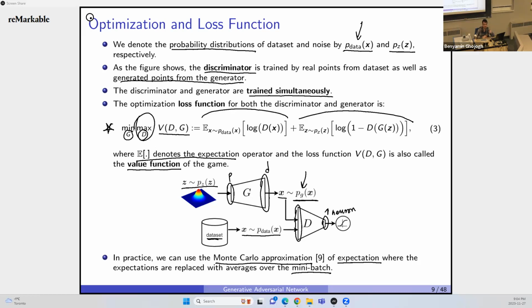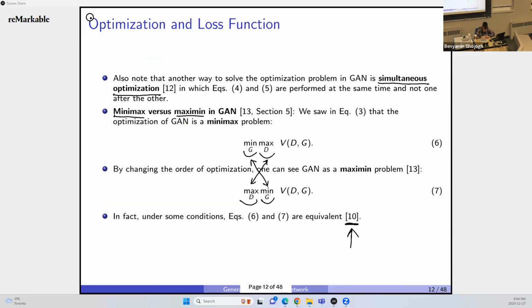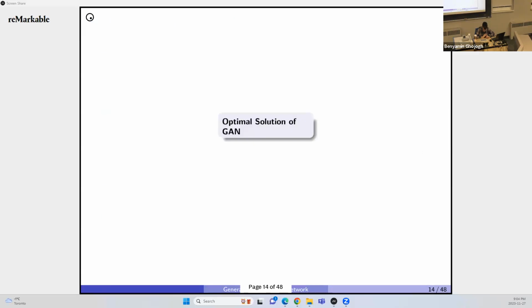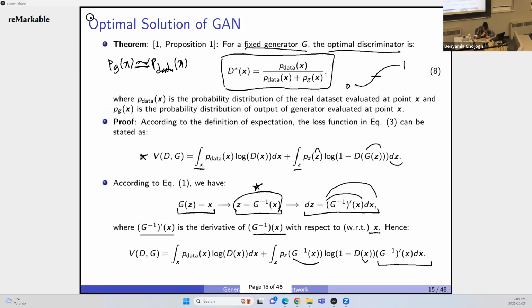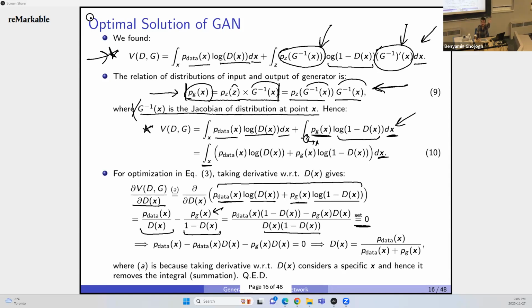What happens to the G? No, in the theorem it says for a fixed G. For a fixed G, I'm assuming G is fixed for now. So now I should take derivative, set it to 0, to find the max. Set it to 0, then the numerator is equal to 0. So rearrange the terms, it gives you this. QED. We just proved that. I will also say that it makes sense, right?